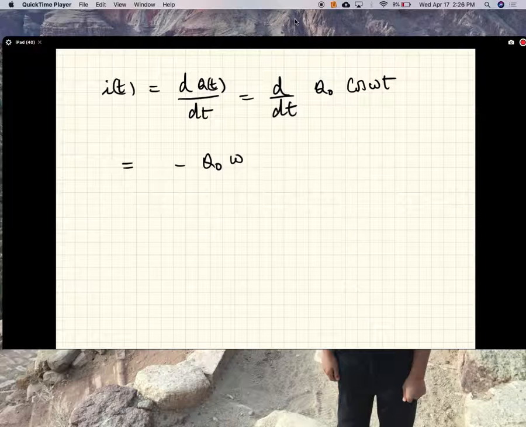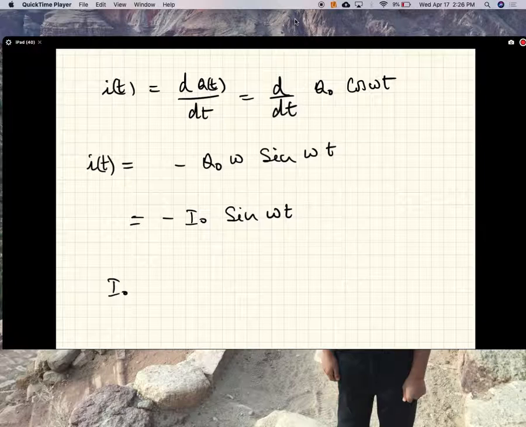The negative sign just tells you about the phase, so that doesn't matter. So I of t equals, we'll call this I naught sine omega t, and I naught is the maximum current.